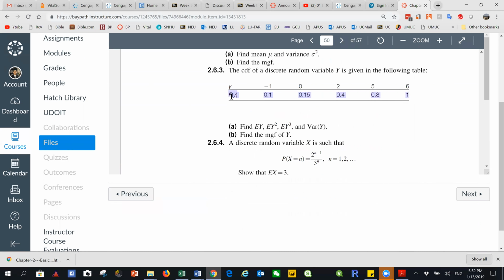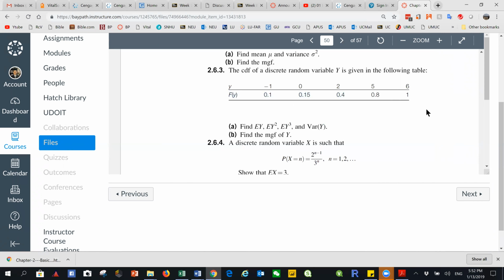This is a cumulative mass function here. So you have to create, right under this, another row, which is PY, the probability mass function. So it should be 0.1, 0.05, 0.25, 0.4, and then 0.2, right?